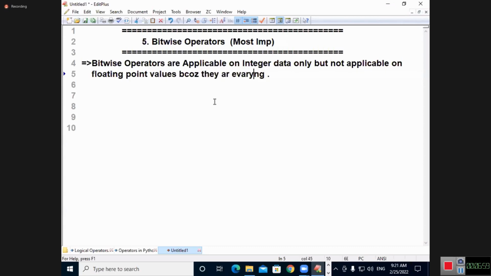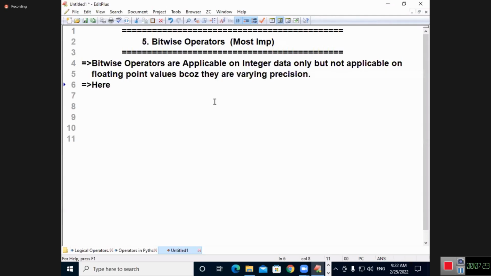Do you know precision? Precision is nothing but the decimal part only. They are varying in the precision part. Okay, right. Now, what is happening here?